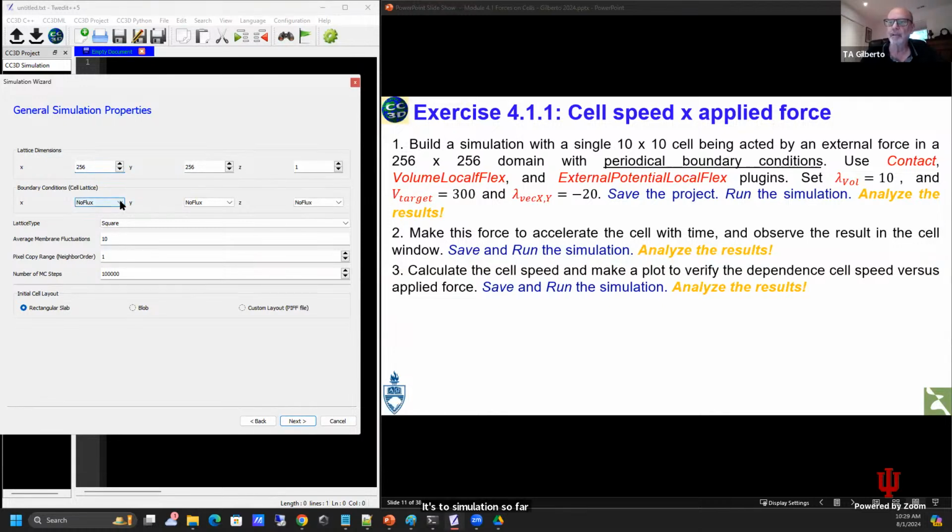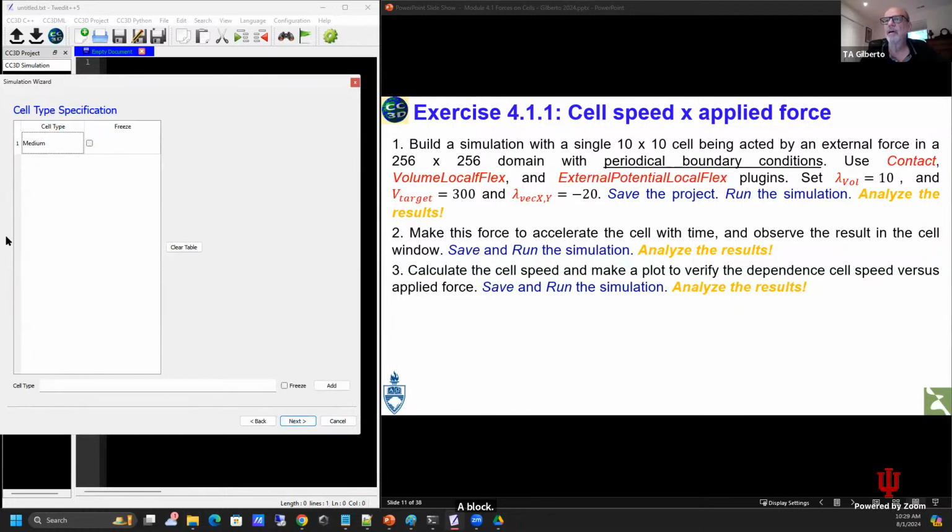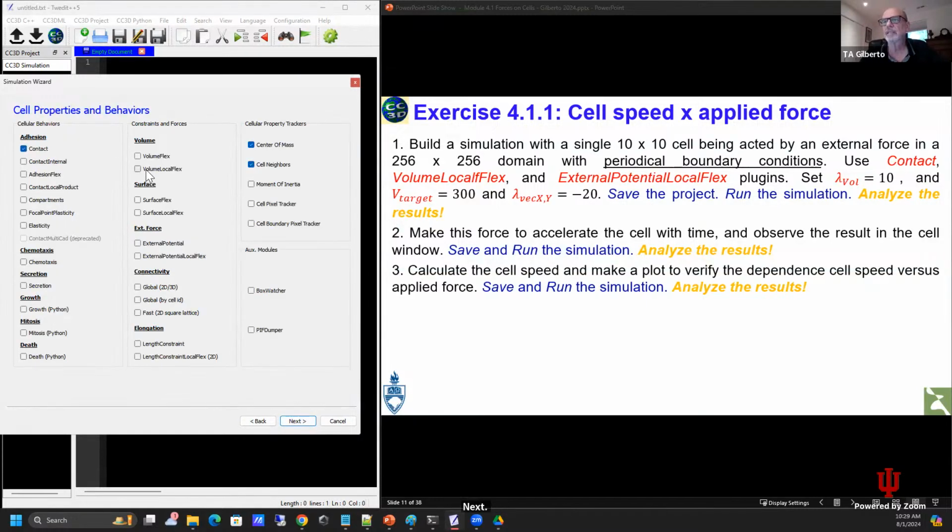But we now have to include the periodic boundary conditions, both in the x and y directions. Let's put a block. Moving cell. Next, no chemical, contact, volume, and now you have here external potential local flex.